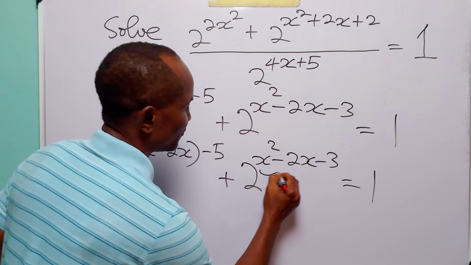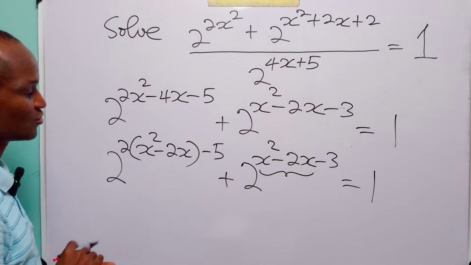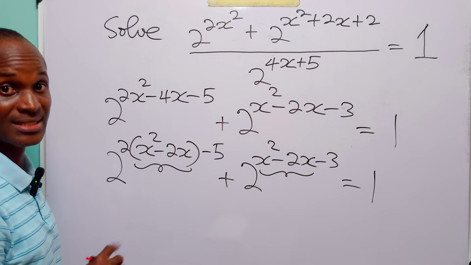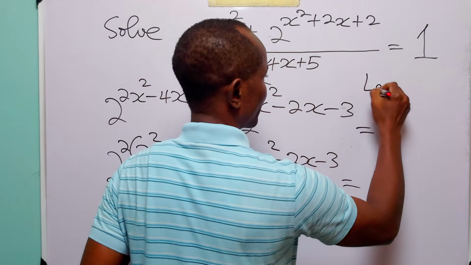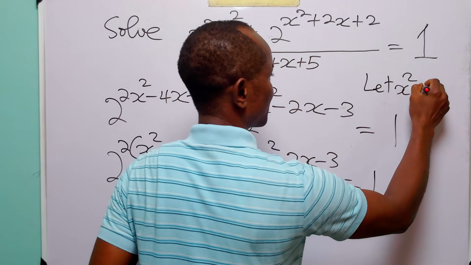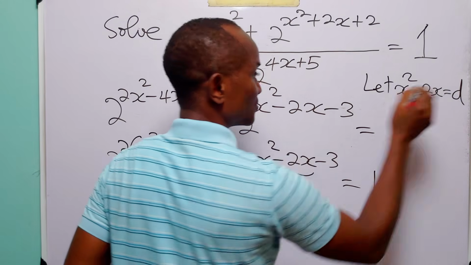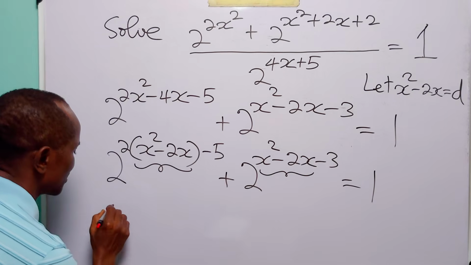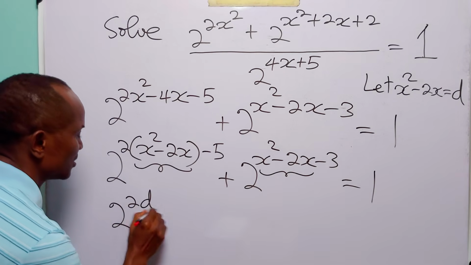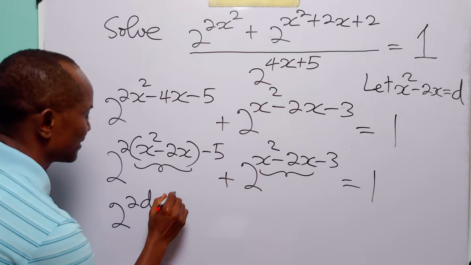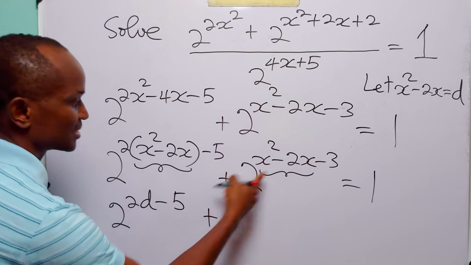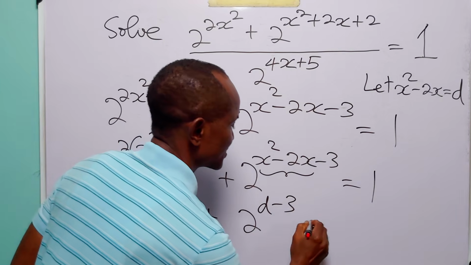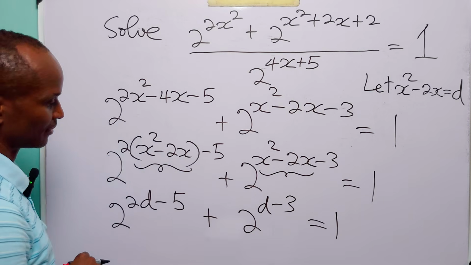Now, in this case, we have x squared minus 2x, and in this bracket, we have x squared minus 2x. So, let x squared minus 2x be equal to d. With this substitution, we can now write this equation as 2 to the power 2 times (d minus 5) plus 2 to the power d minus 3 is equal to 1.